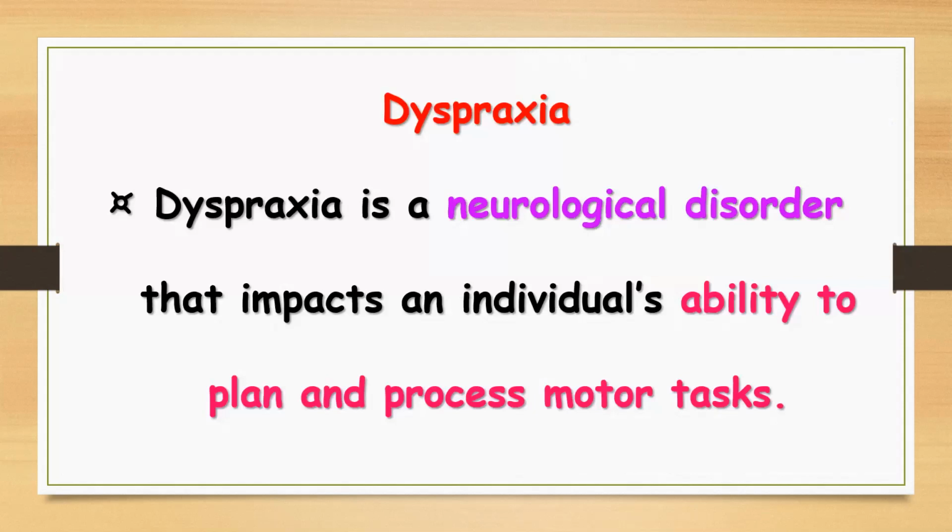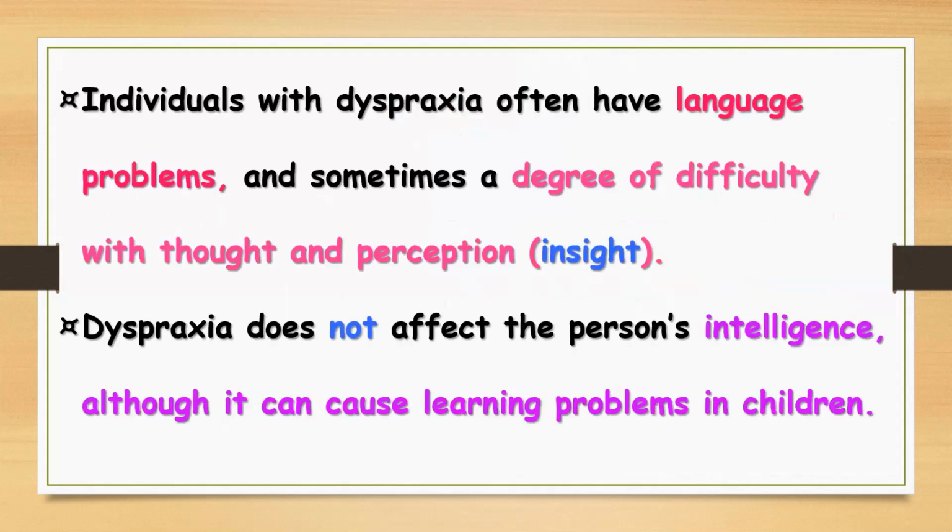Next comes dyspraxia. Dyspraxia is a neurological disorder that impacts individuals' ability to plan and process motor tasks. They might have language problems and also difficulty with thought, perception, insight or viewpoint. It may not affect the person's intelligence.